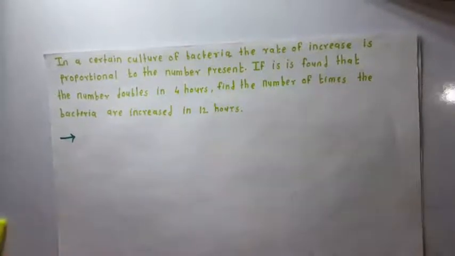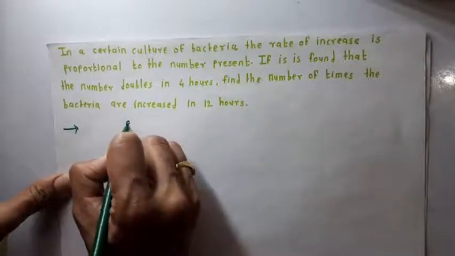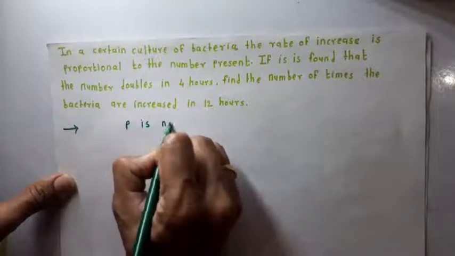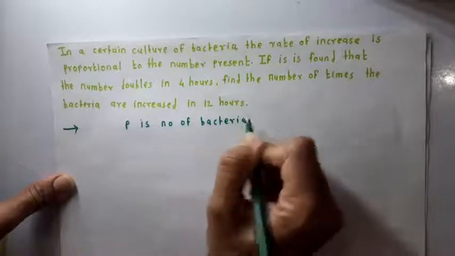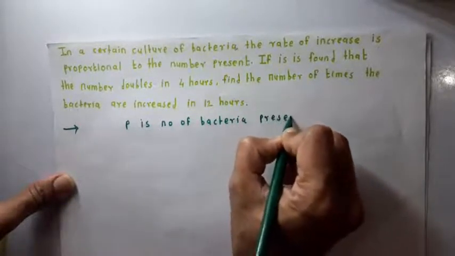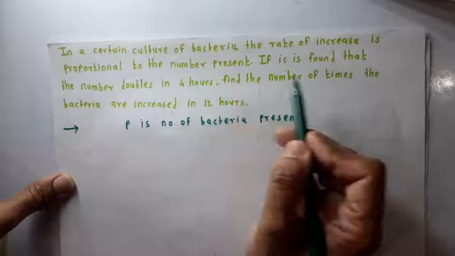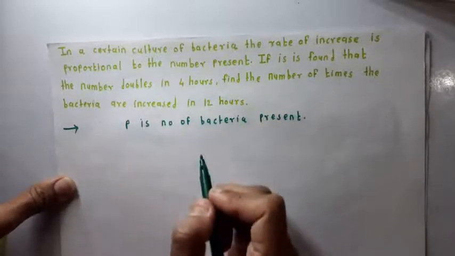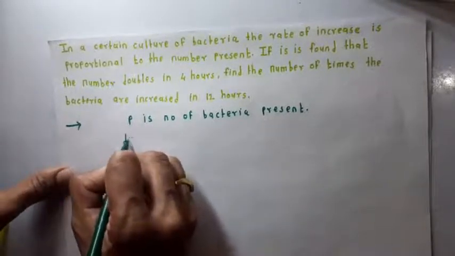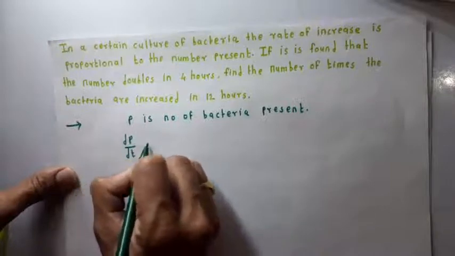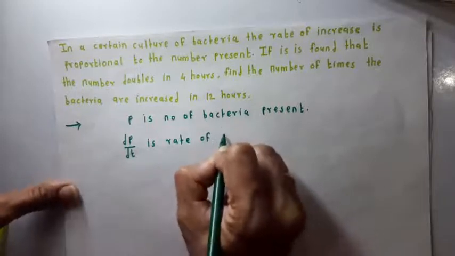Suppose P is the number of bacteria present. Now dP by dt is the rate of increase of bacteria.